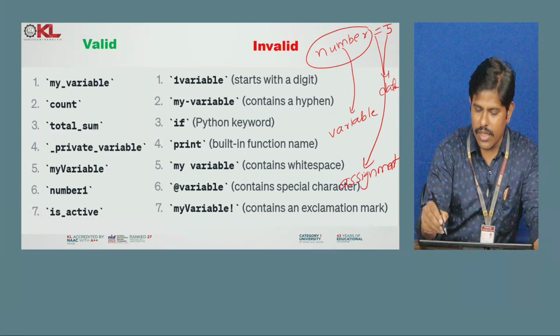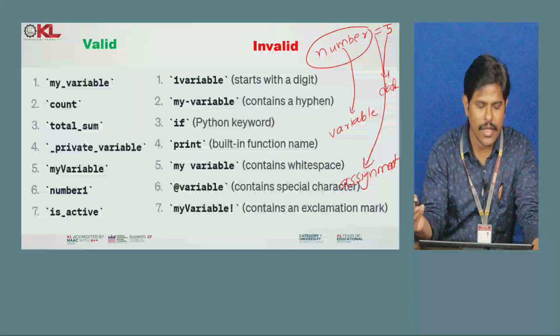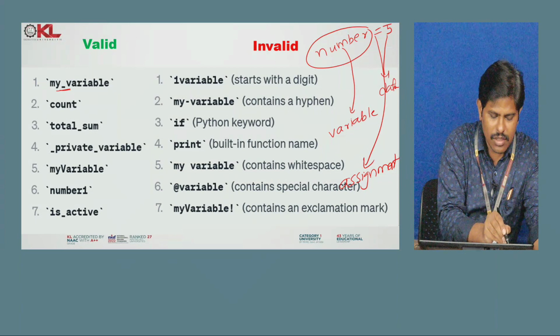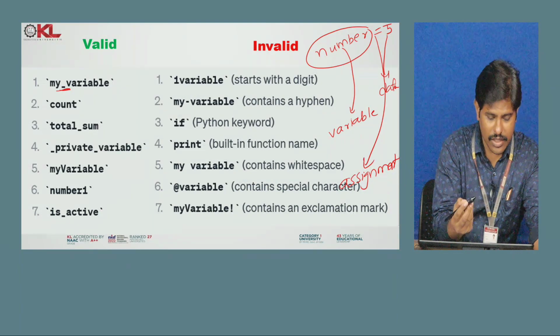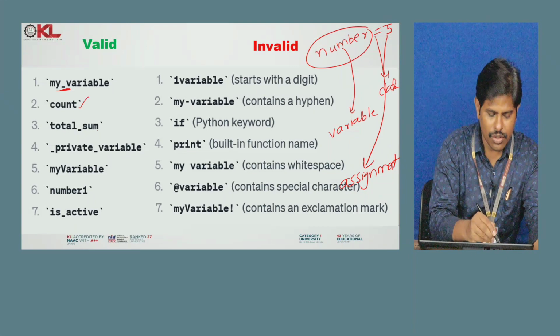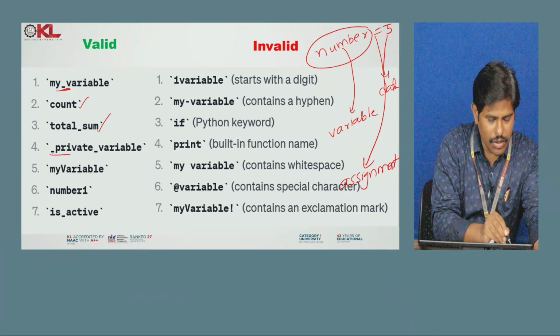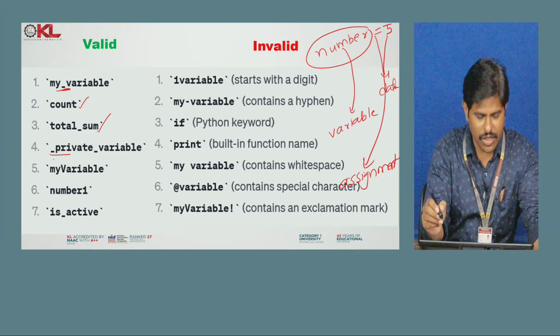While naming variables, certain rules apply. You can use combinations of special characters such as underscores, my_variable, total_sum, and you can begin your variable name with an underscore, _private_variable.